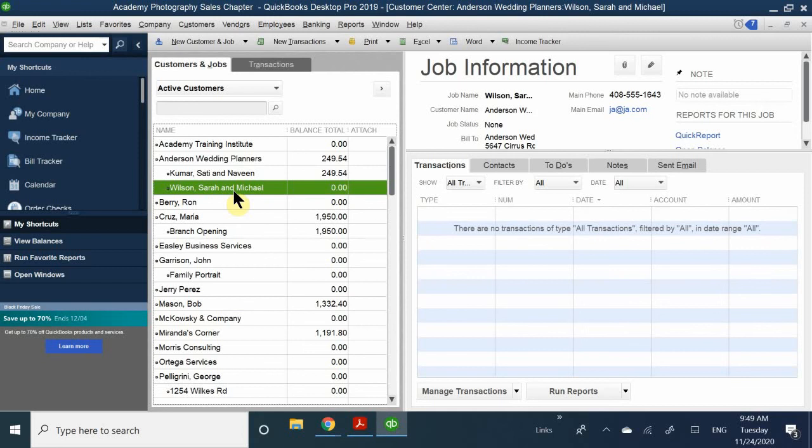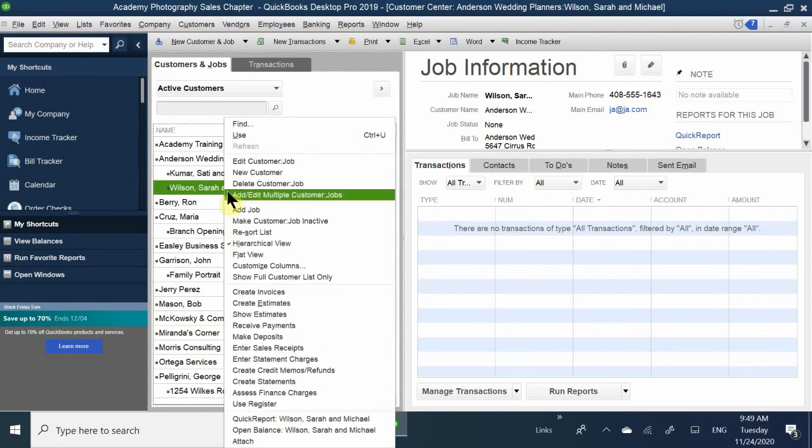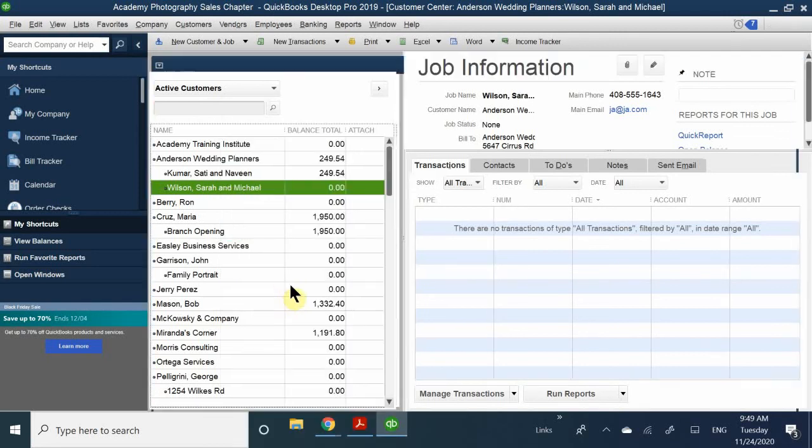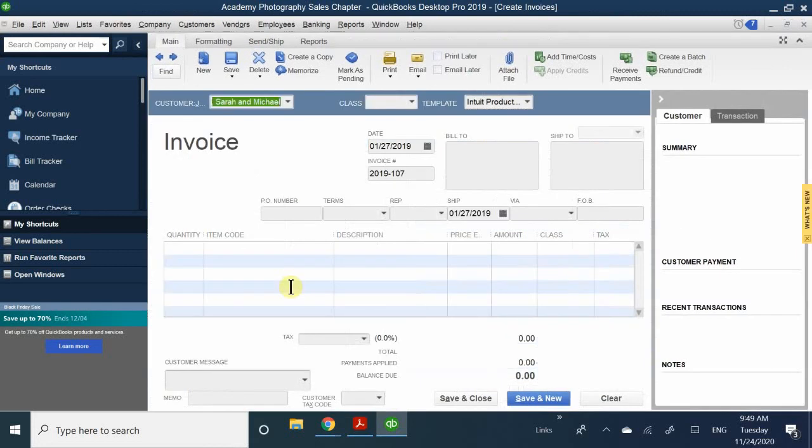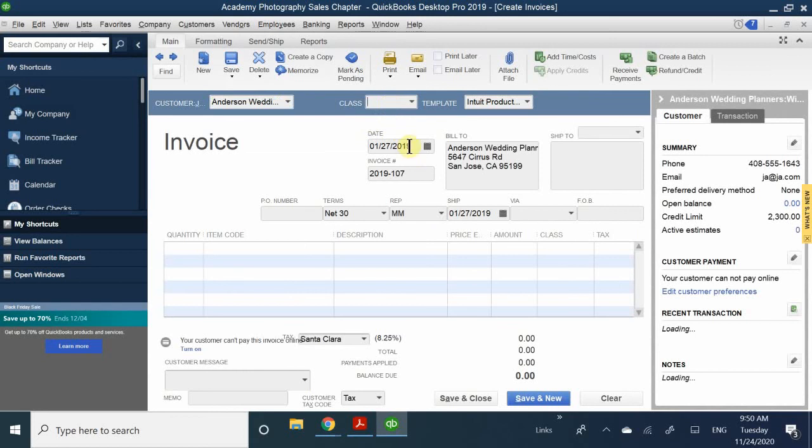Now I'm going to right click them and create an invoice. Here's my invoice. Again, they belong to San Jose, and of course, their information is filled in automatically.